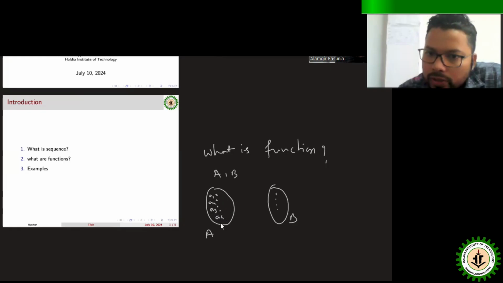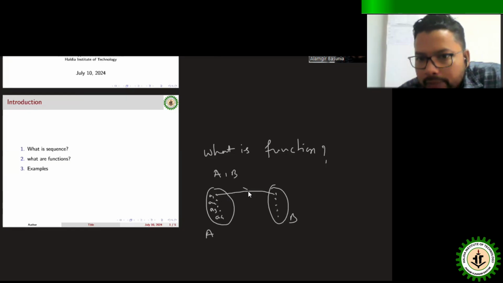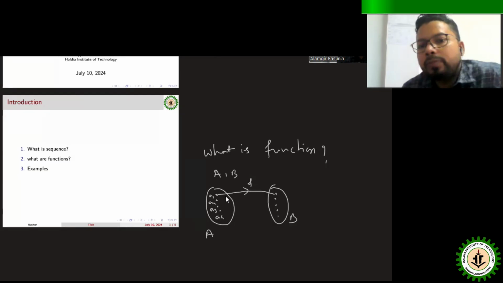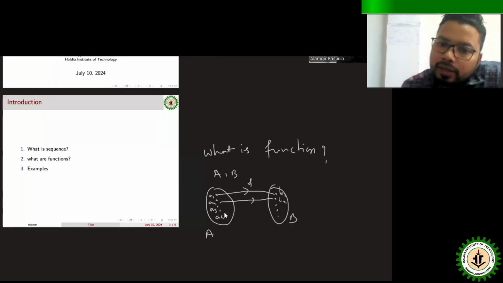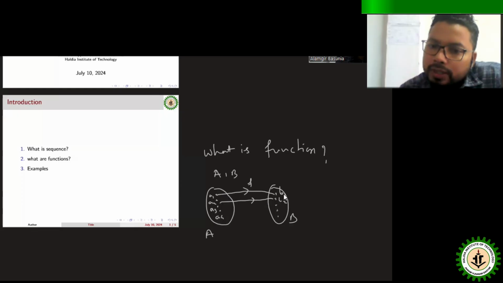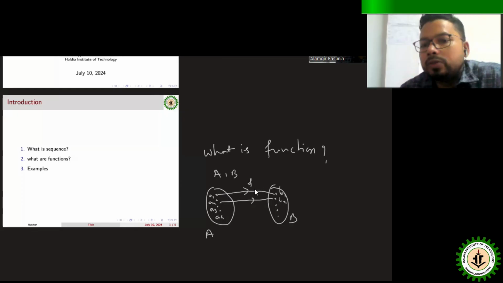If A contains only 4 elements and B contains maybe 5 elements, and there is a rule which takes A1 to some element B1, A2 to some element B2, and so on, and every element of the set A is connected with a unique element of B, then such a rule we call a mapping or a function.